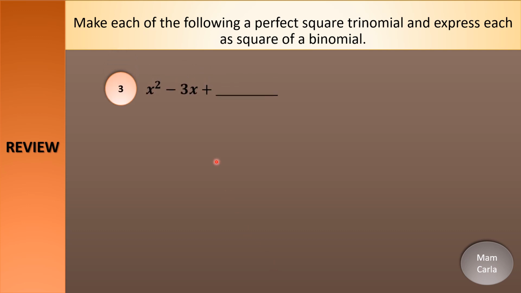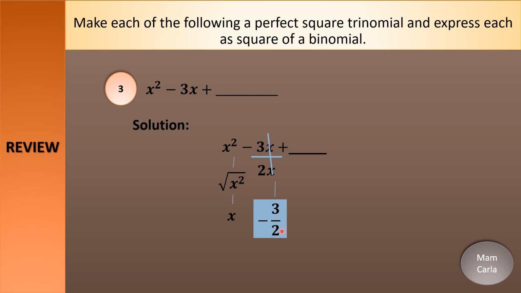Let's deal with the third example. We have x squared minus 3x plus blank. So for the solution, we get the square root of the first term, which is x, and then multiply x by 2, and that is 2x. And then we divide negative 3x over 2x is negative 3 over 2.